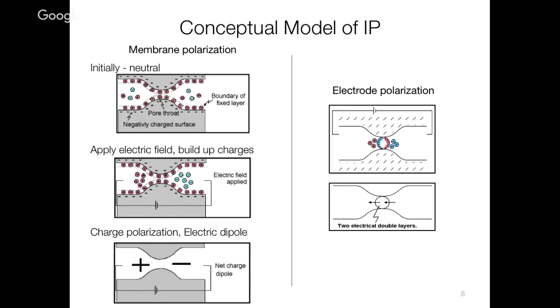So let's look at a really small scale. This is just little pores inside a rock. Maybe there's clay particles here, and clay particles are negatively charged, and you've got some fixed charges on the outside. And initially, all this stuff is electrically neutral. There's a fluid in there, there's ions, and the whole thing is electrically neutral.